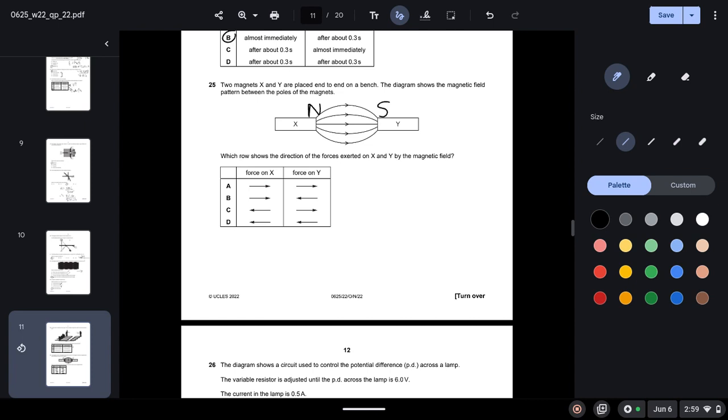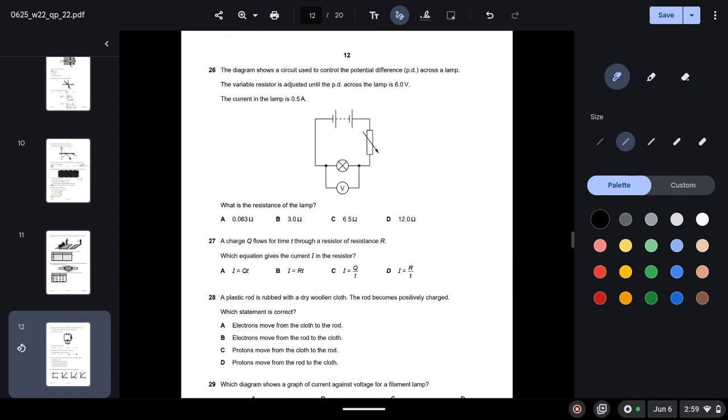So since these are opposite poles, they will attract, so the force on X will be in this direction, the force on Y will be in this direction, since they are attracting each other. So B would be your correct answer.